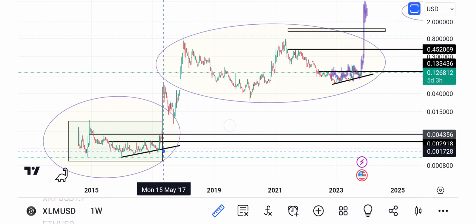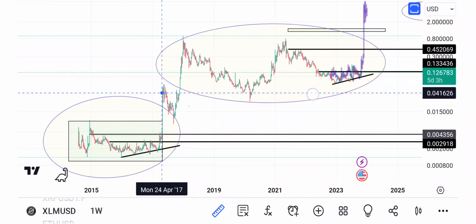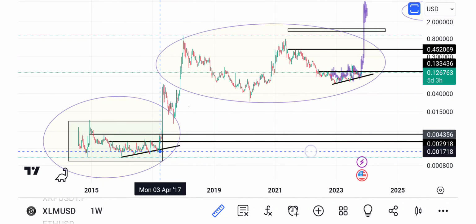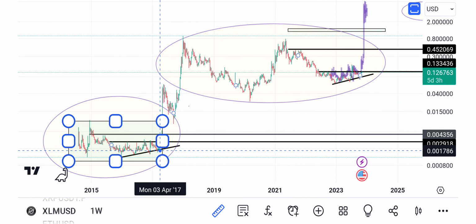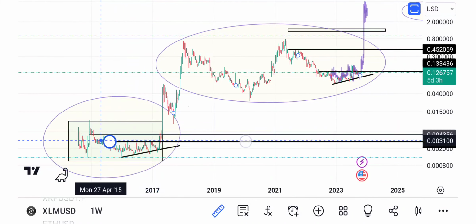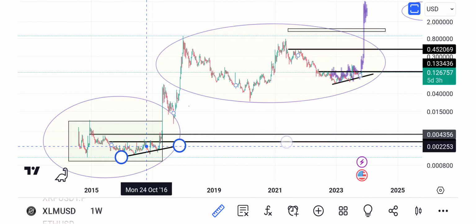It would have been life-changing money, and you would never have had to worry about it again. But I would say 99% of the people who got in here probably sold early, or they didn't sell at all. And 99% of all people in crypto probably never even got a chance to get in here.